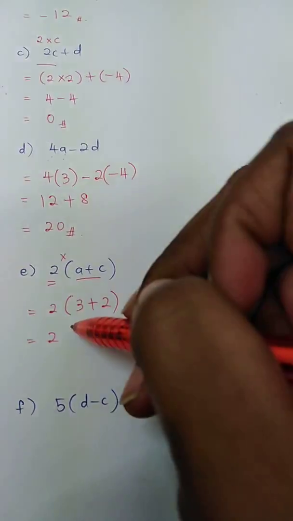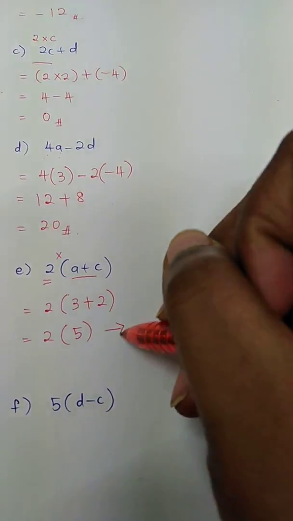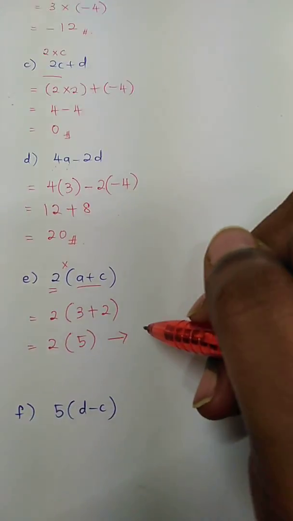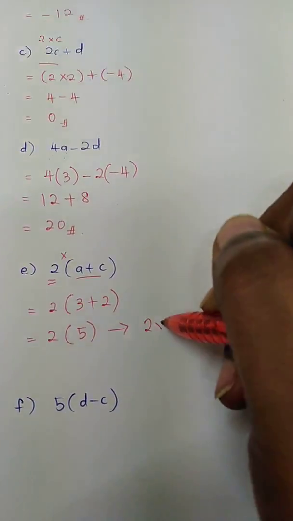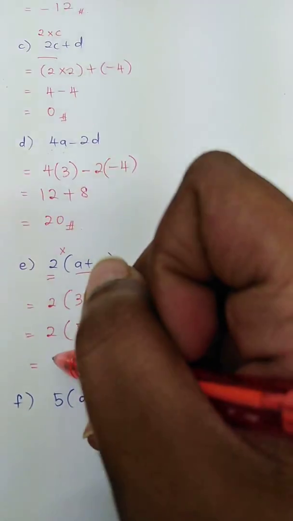So this is 2 in bracket 5. Remember, when it is in brackets, it is not plus, but it is actually a multiplication. So this answer is 10.